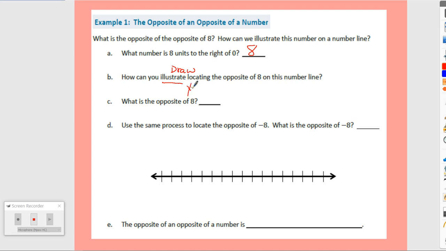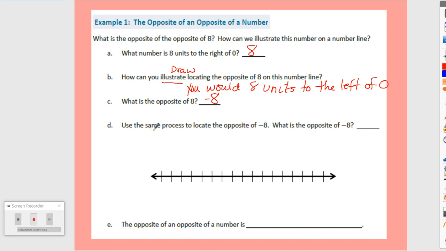Yeah, you would have to count 8 units to the left of 0. Right? Because if this is to the right 8 units, we need to go the opposite 8 to the left. So what is the opposite of 8? -8.